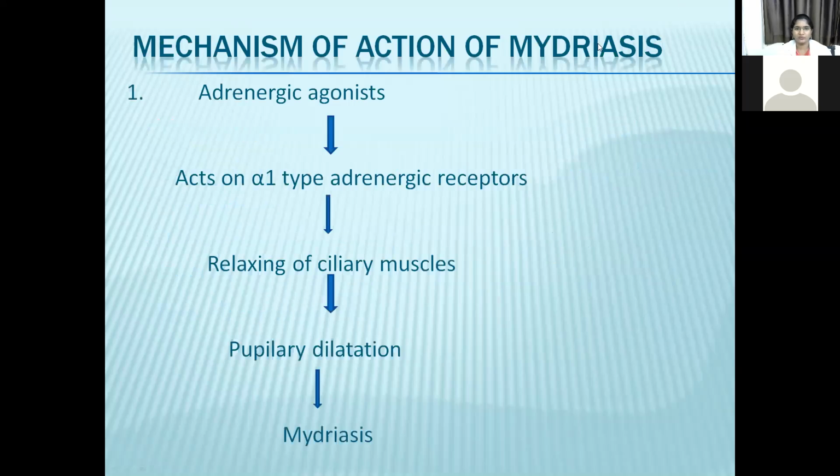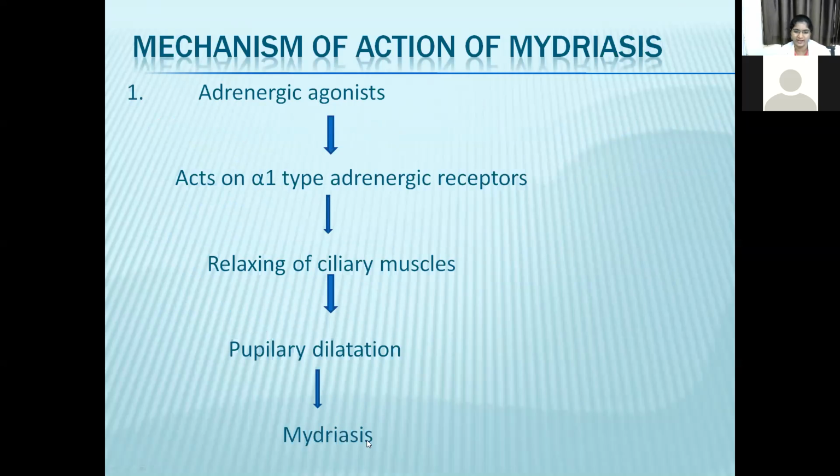And the mechanisms of mydriasis: adrenergic drugs like ephedrine and phenylephrine. When we instill these drugs in the right eye, they act on alpha-1 adrenergic receptors and cause pupillary dilatation. It increases the pupil size.